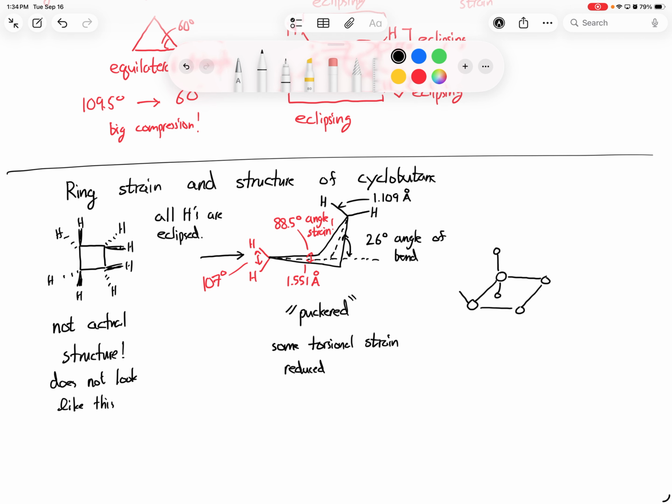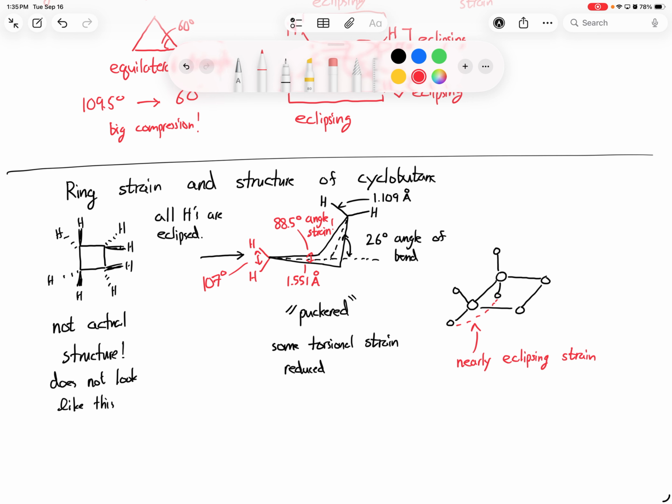Okay, so what it looks like here is the hydrogens are going to be interacting here, okay? So they are not drawn to scale, but what we can say here is that they are nearly eclipsed. So they're not eclipsing, but they're very close. But the fact that we are able to move it a bit and get out of that eclipsing interaction makes this form better, okay? So nearly eclipsing strain.